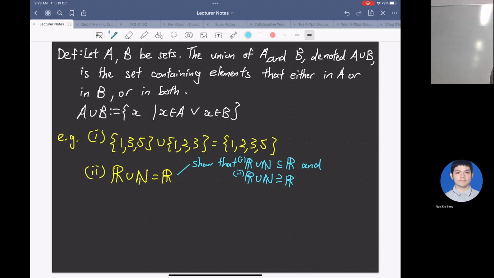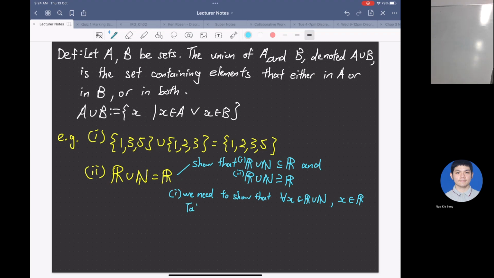So to show the first one, we need to show that for every x in the left hand side, x is in the right hand side.